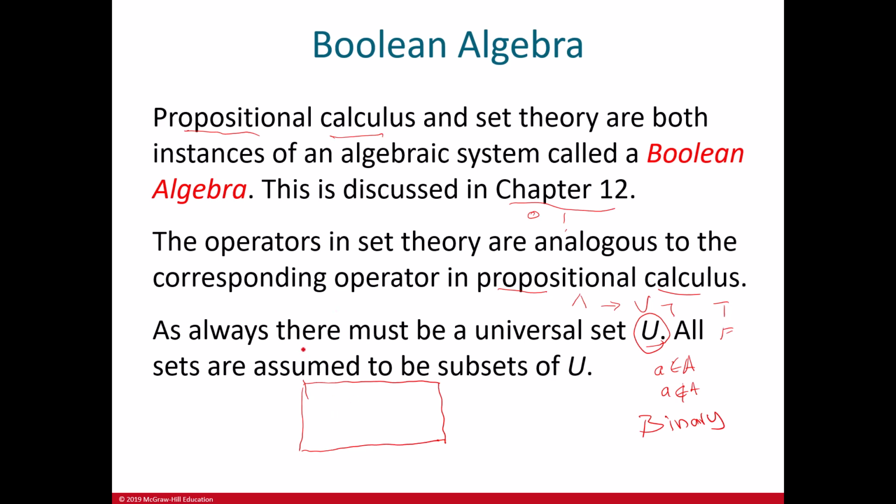So same thing here. Every time we talk about, for example, set A and set B, they are somewhere here. This is A, this is B. We assume there is U, the universe, that they are all part of. So this is the whole thing. Think of it as the globe, and all countries of the world are part of it.